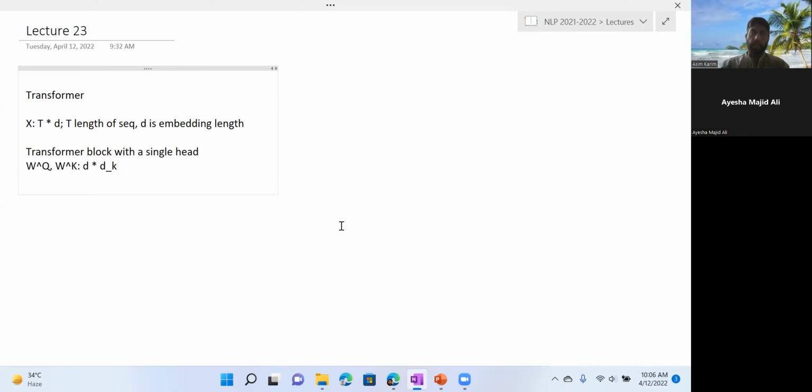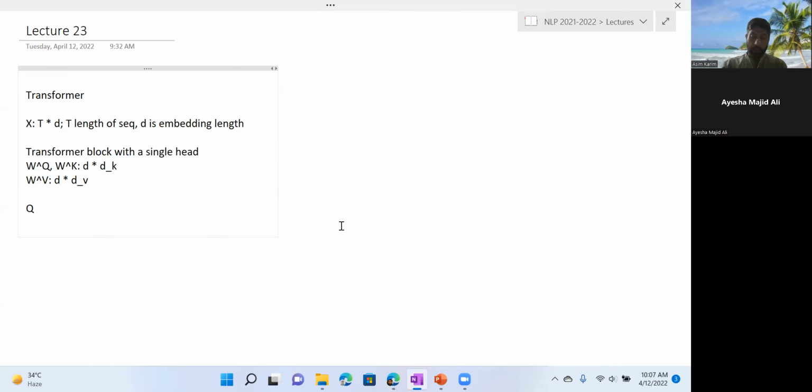And then we have another parameter for the value role, and this is D by D_V. Again, we have a different size for this, and again this is smaller than D in general and could be 64 or 128 and so on. So given this, we compute the rows for each position. Those rows are, of course, the Q matrix.